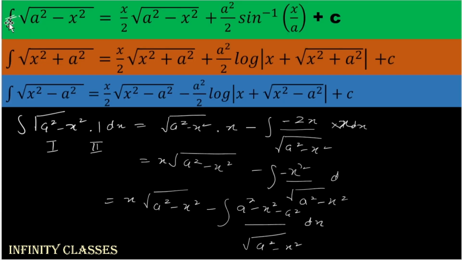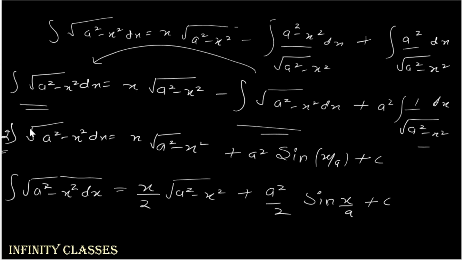You can derive the other two identities by the same method. You will always multiply the function with 1 and apply integration by parts. So this is our final answer. Try the other two by yourself.